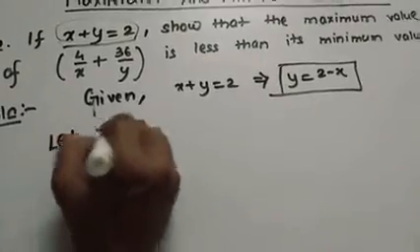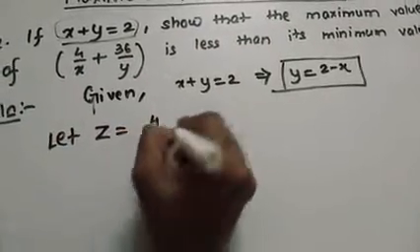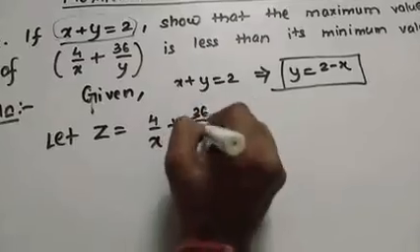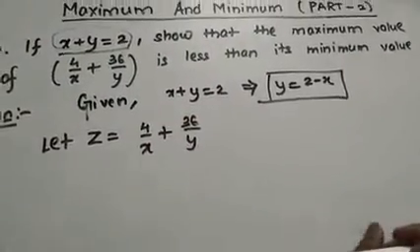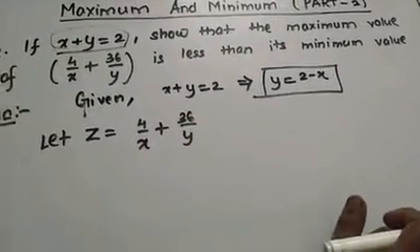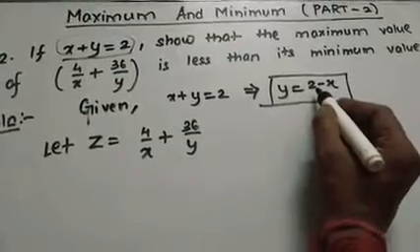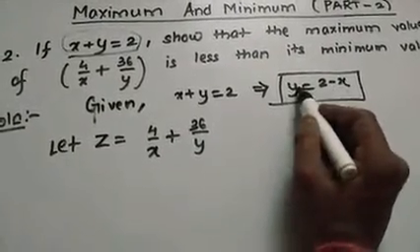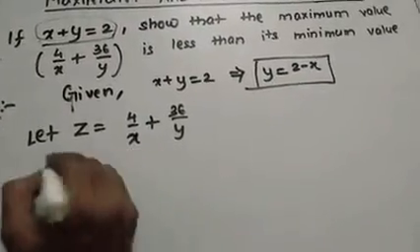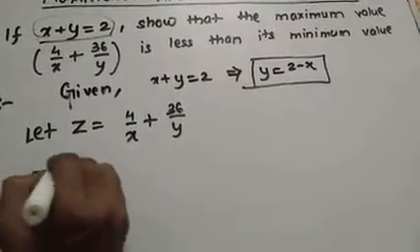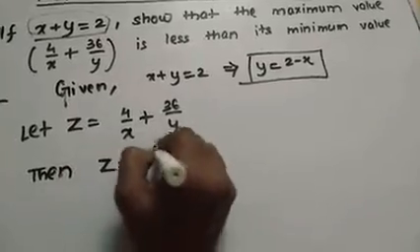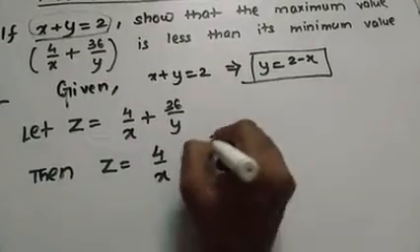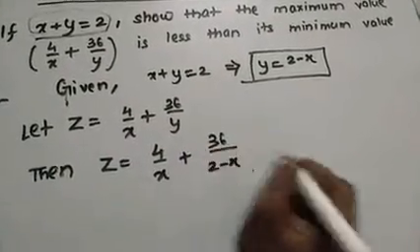Let z equal 4 by x plus 36 by y. Now what is the y we get from the given expression? y equals 2 minus x. Let us put this y value in this expression. So then z equals 4 by x plus 36 by 2 minus x.